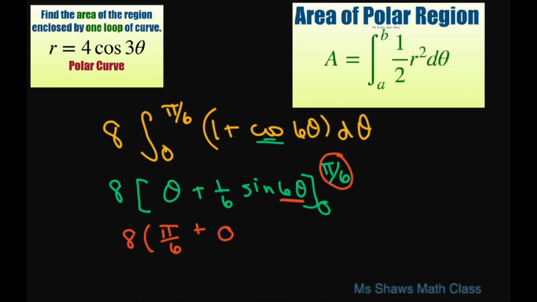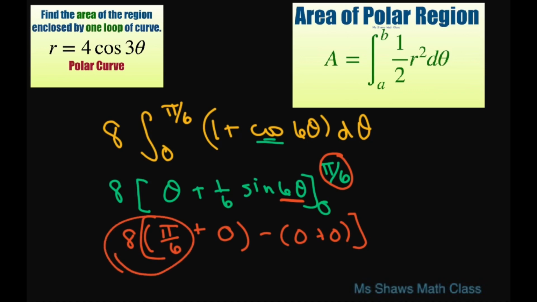So that's 0, and then you're going to have minus 0, or plus here. So basically what we have is our final answer. This is going to be 4 pi divided by 3 when you simplify it. And that's the area of one loop of the curve.